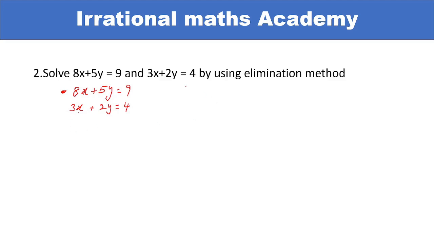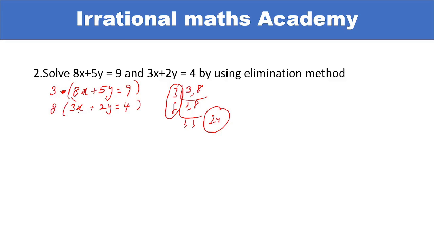If I take the LCM of 8 and 3, 3 ones are 3, 8 ones are 8, I'll get 24. Now I want to make the x coefficient 24. This equation I'll multiply with 3 and this equation I'll multiply with 8.